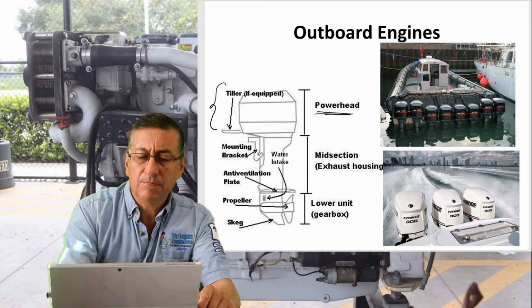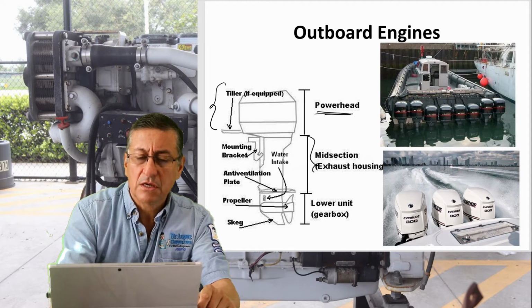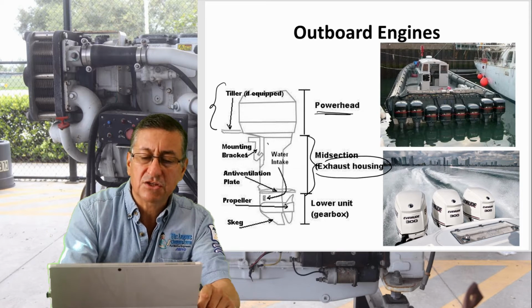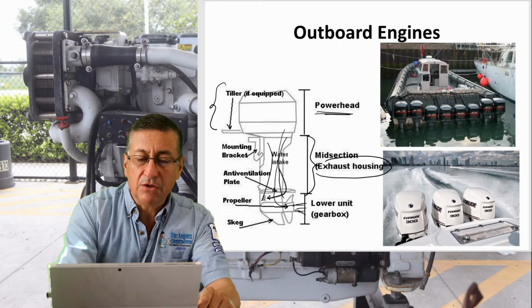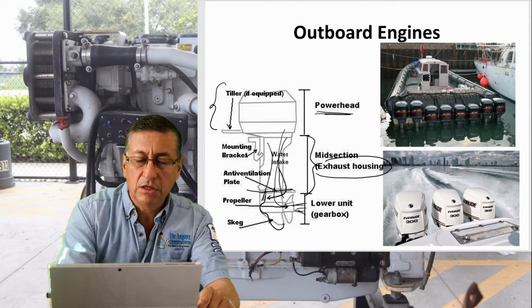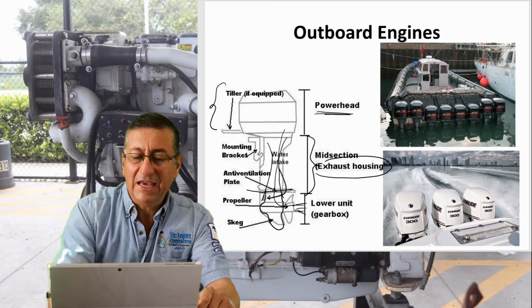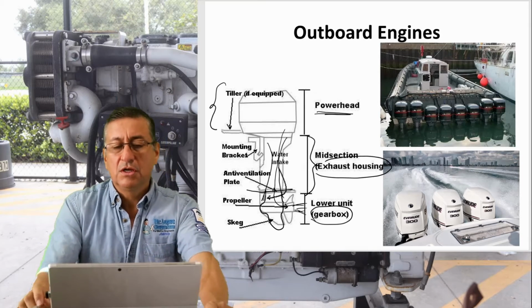The middle section, or mid-section, is the exhaust housing. In this area, the exhaust is located in order to bring the gases here, and outside you have water and gases. In the bottom, or lower unit, you have the gearbox or transmission.